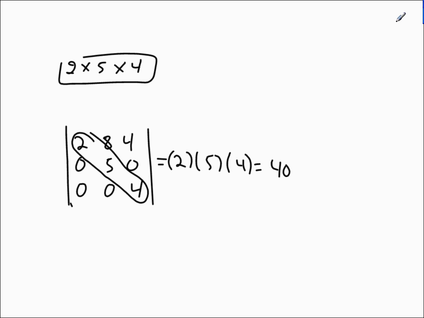And a little bit more, your teacher's asking you to know that if it's upper triangular, then the determinant is a product of the diagonal entries. So know that. That really makes life easier.